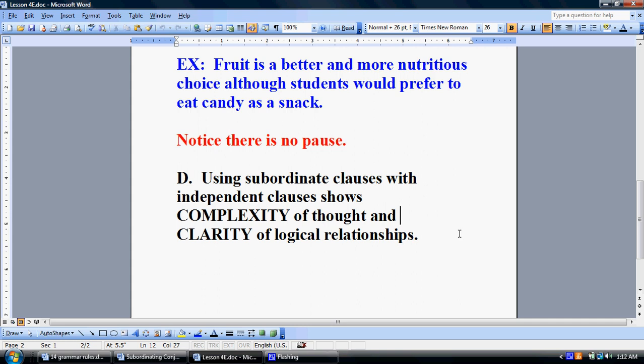That's a key understanding that you need to have about using subordinating conjunctions, and that was clearly illustrated in lesson 4D when I compared and contrasted the two paragraphs, one with subordinating conjunctions and transitional phrases, and the other one with those edited out, and being able to try to listen to and make sense of what was going on in the paragraph. So this is why subordinate clauses are really important.